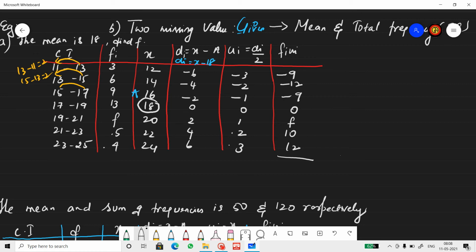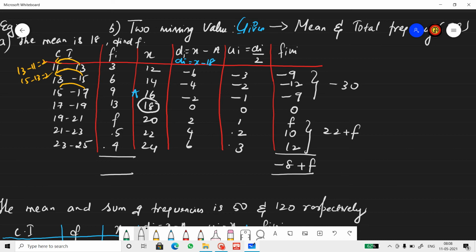Here the total will be minus 12, minus 30 here, and here I'm going to get 22 plus f. So when I add this, minus 30 plus 22 will give me minus 8 plus f.